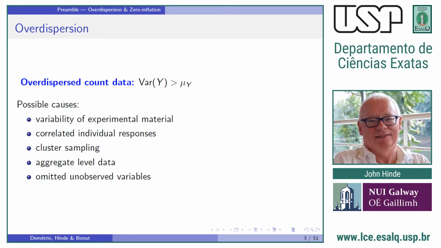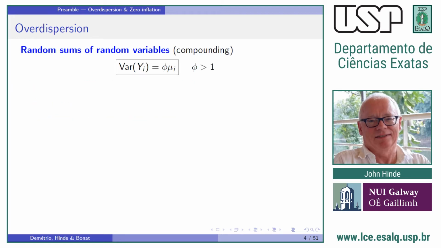There are lots of possible reasons this can happen: extra variability in the experiment, correlation, the sampling mechanism, aggregating data, failing to record important possible explanatory variables. Almost everything that happens when you have count data gives you overdispersion. Just a few quick ones, just to set a background.